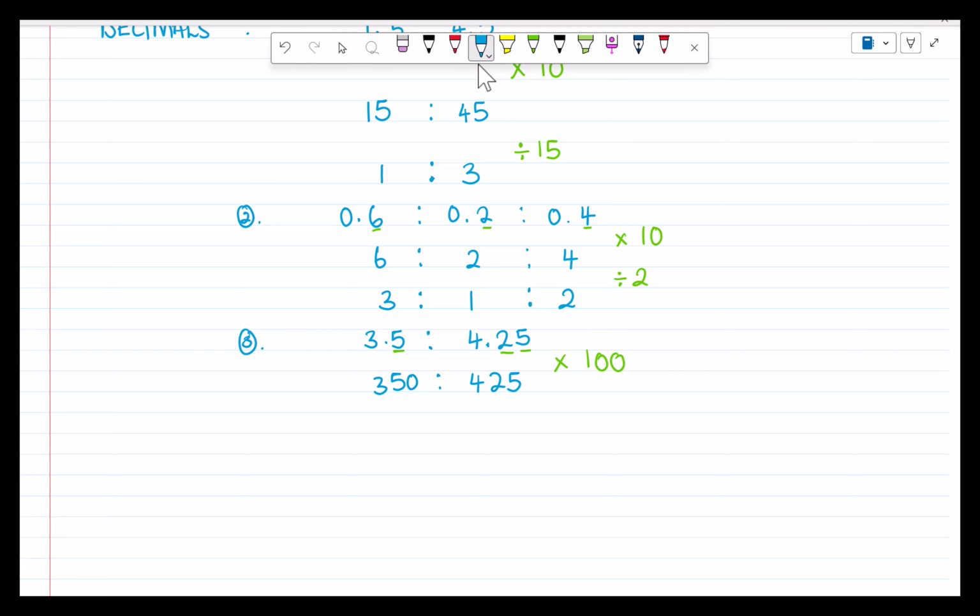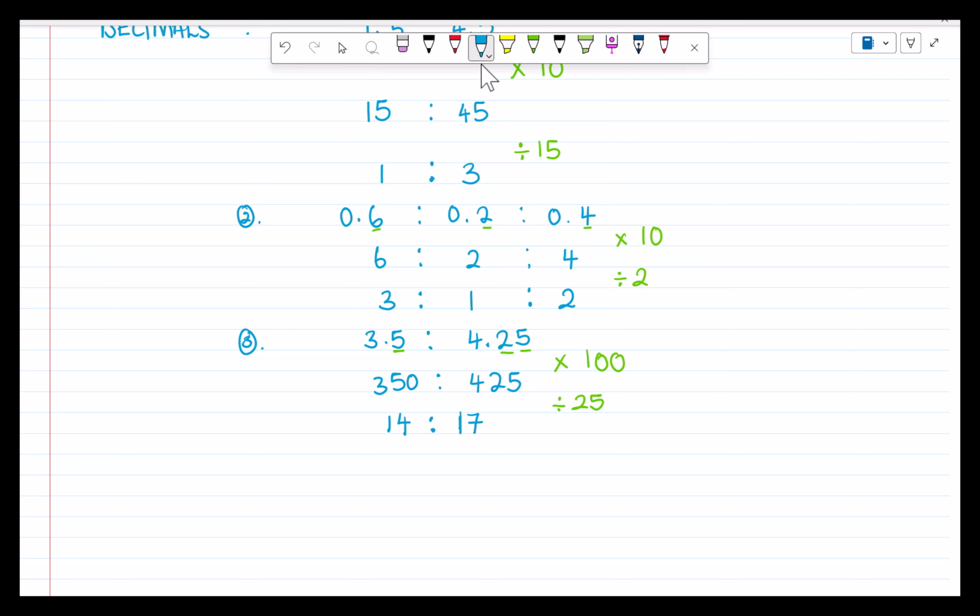Now we have 2 huge numbers, 350 and 425, and we are going to look for the highest common factor of 350 and 425. In this case, our highest common factor is 25. Hence, we're going to divide both by 25. 350 divided by 25 gives us 14, and 425 divided by 25 gives us 17.